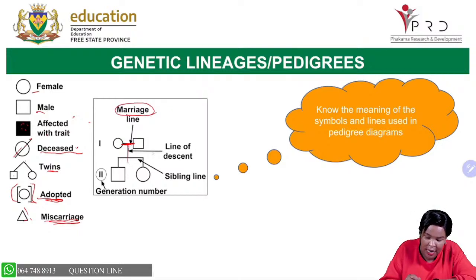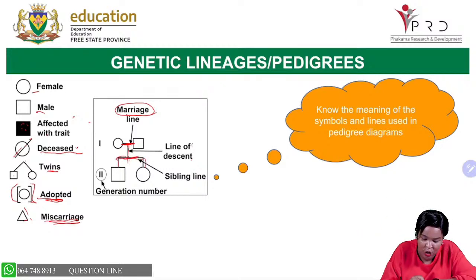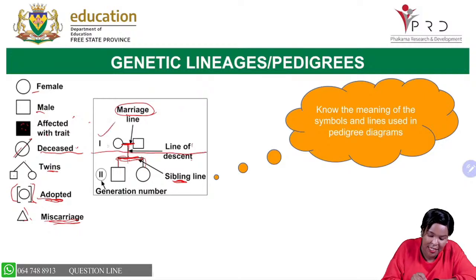The line that is going down shows the descendants, that these are the children coming from the previous marriage. And then the line joining here shows you it is not joining in the middle. Do you see? It is showing the sibling line. And here you see the first row will represent the first generation, and the second row has your second generation. So this is the information that you need to know.